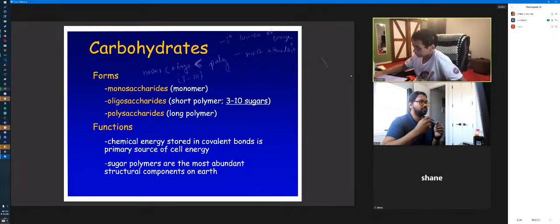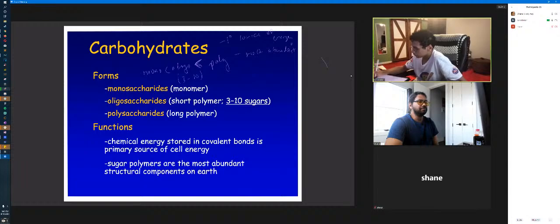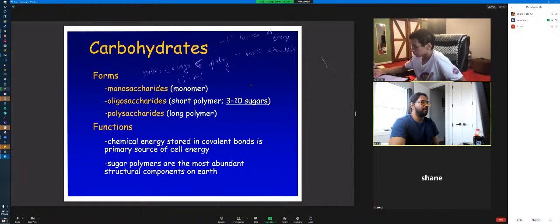What's the primary source of energy? Oh, so this is all under carbohydrates. So I would write in your notes, carbohydrates. I put carbs and then forms with saccharide in brackets and then mono, and then what you wrote there. Then I put a star next to primary source of energy.